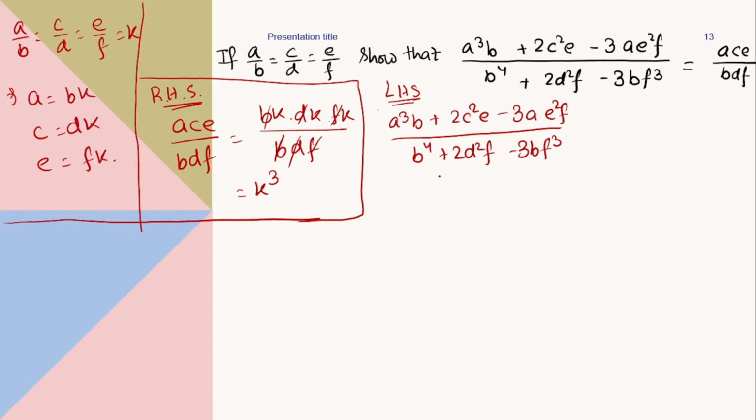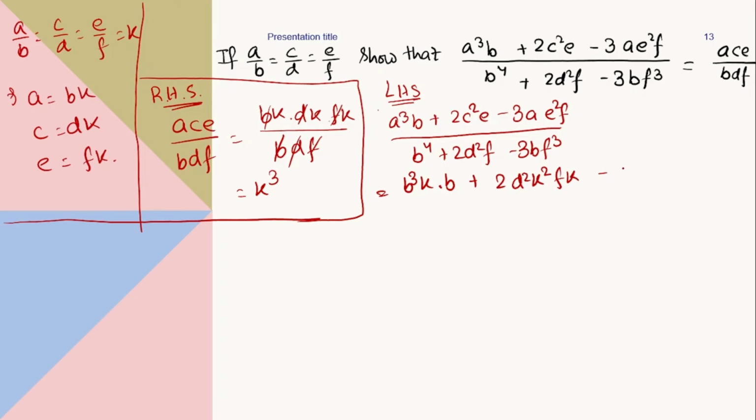In the LHS, we can write A cube B as B cube K cube into B, plus 2 C square E. I can write C as DK, so D square K square, and E as FK.